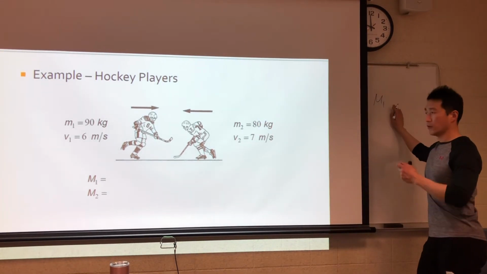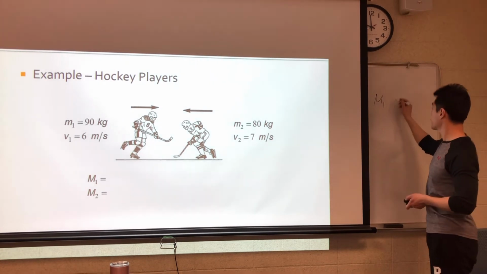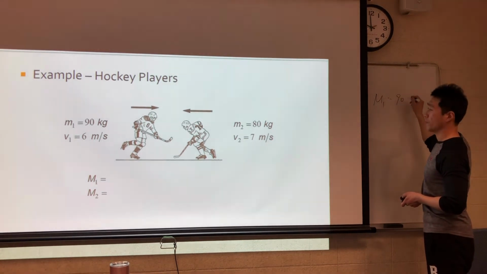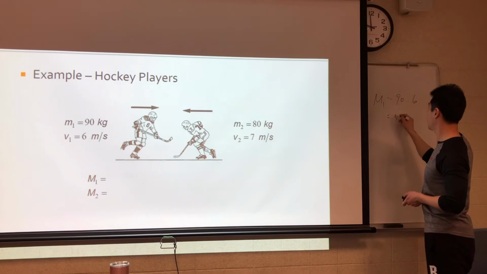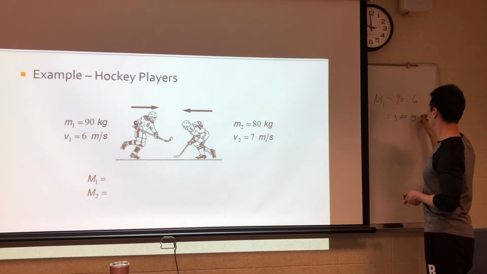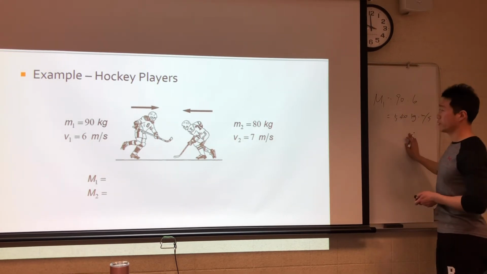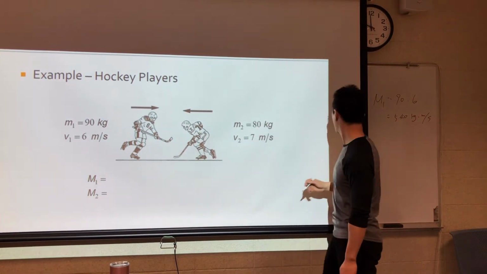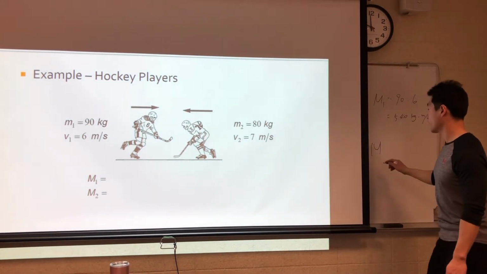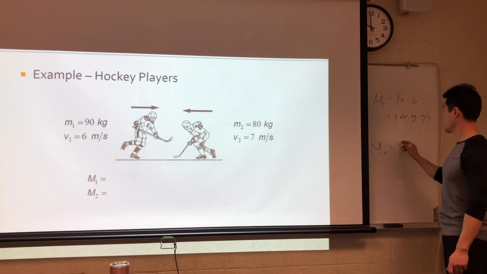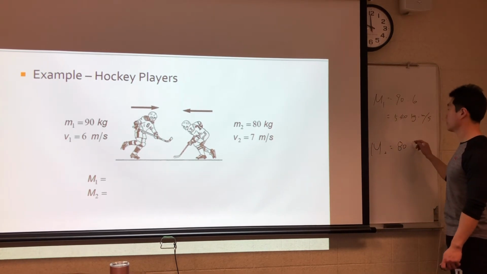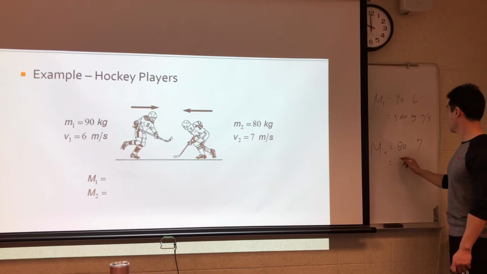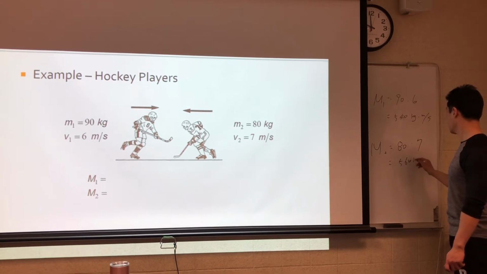For the first hockey player, momentum is mass times velocity, 50 kilogram meter per second. This is his velocity. For the second player, his body mass 80 times 7 gives 560 kilogram meter per second.